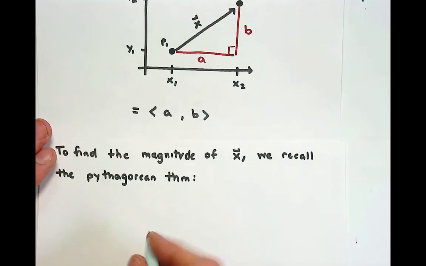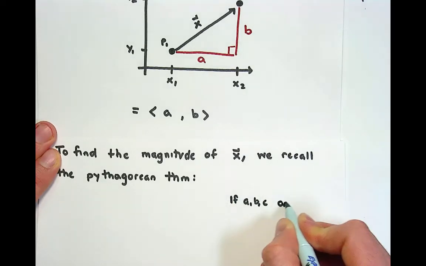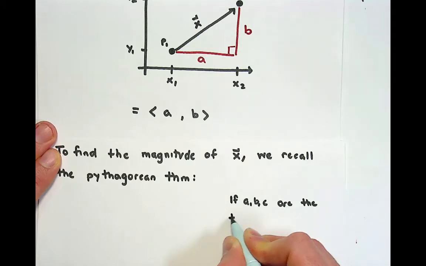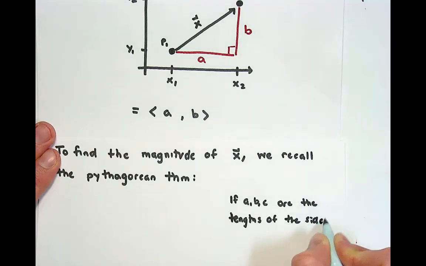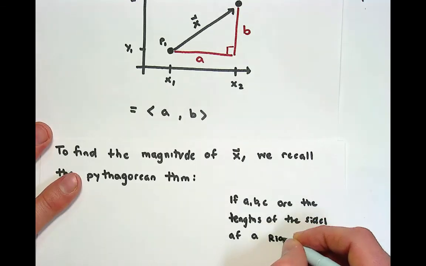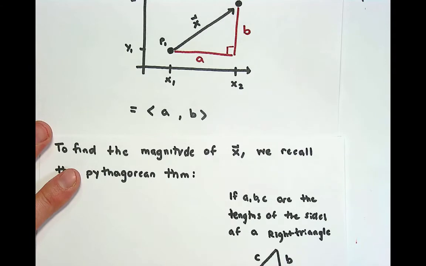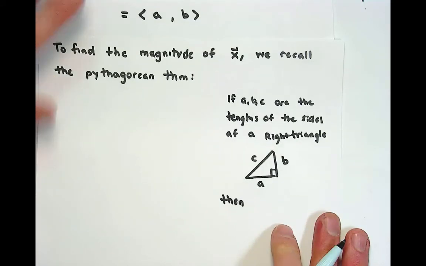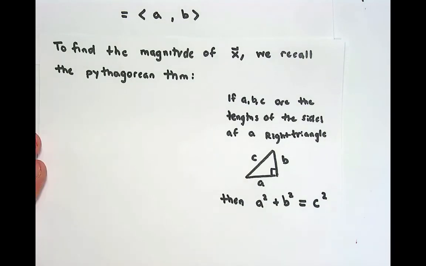Well, the Pythagorean theorem says that if A, B, and C are the lengths of the sides of a right triangle, and in particular C is the length of the hypotenuse, so here's C, here's A and B, then we have an algebraic relationship between these lengths: A squared plus B squared equals C squared.